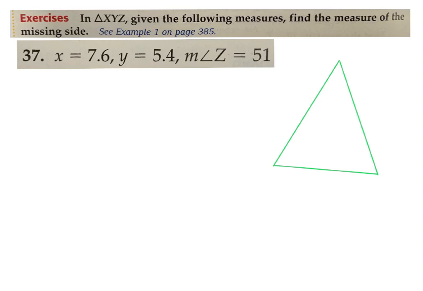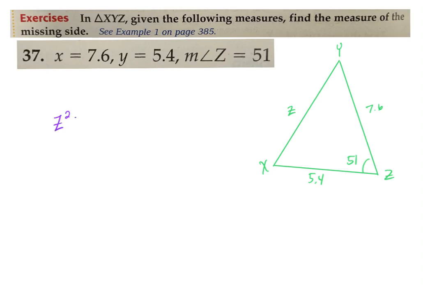So we have the measure of angle Z has been given to us. Then we have the side length of X and the side length of Y. And they want the missing side Z. So in this case, we do not have an angle and a side opposite, so we have to use law of cosines.